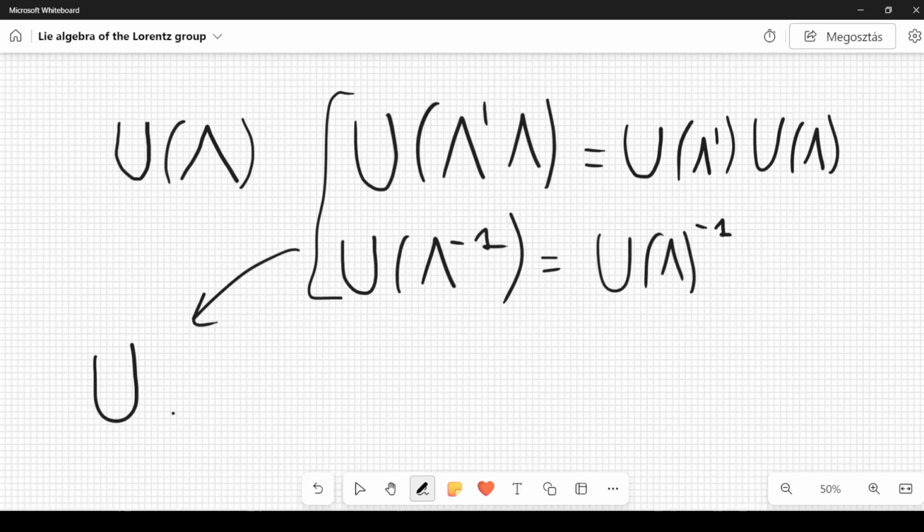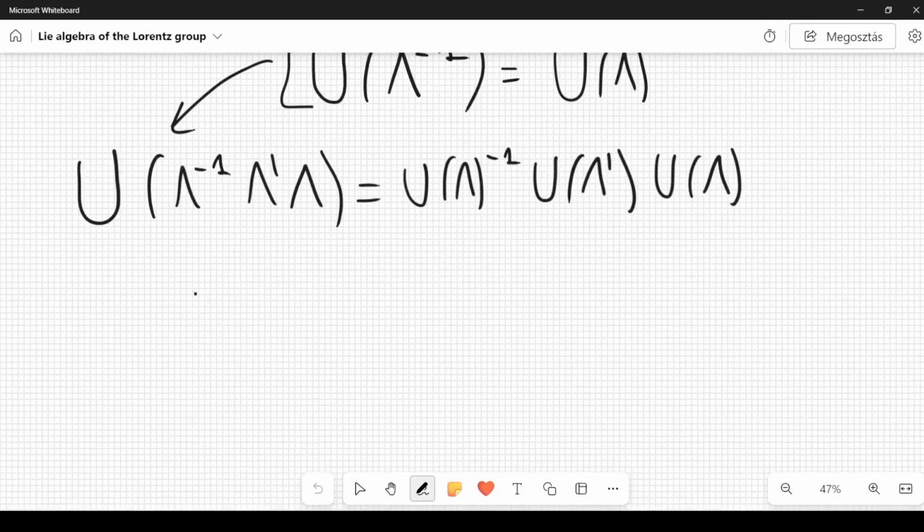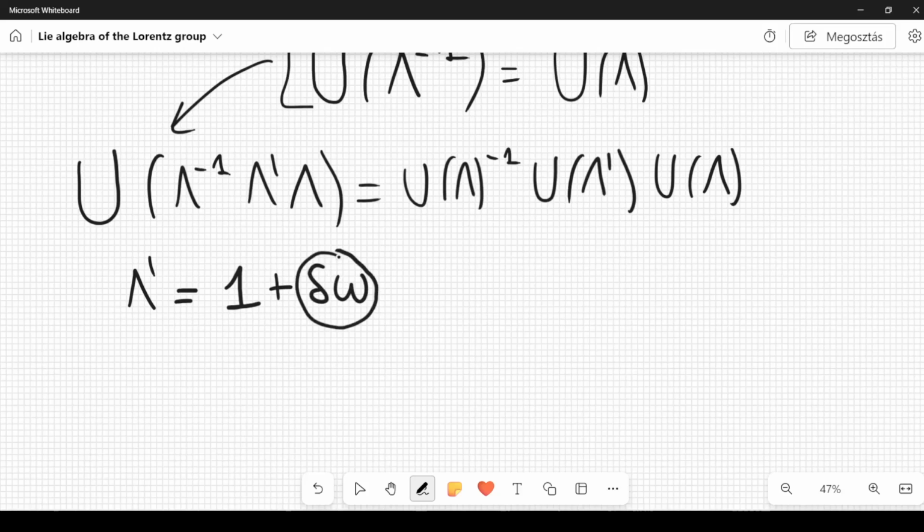In particular, we will use both of these for the following formula. We have U of lambda inverse lambda prime lambda, and this is equal to U of lambda inverse U of lambda prime U of lambda. Now we are going to rewrite lambda prime as an infinitesimal transformation, so it will be equal to something close to the identity, which I will call 1, but this is actually the identity operator, plus a small infinitesimal transformation which I will call delta omega prime.